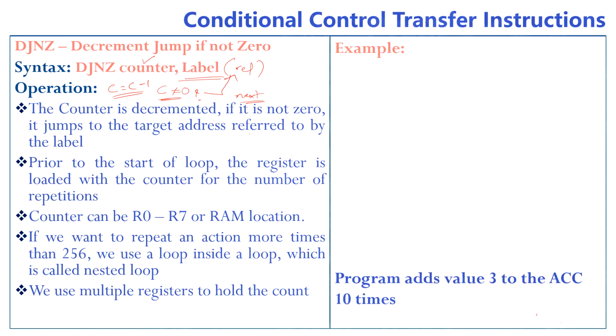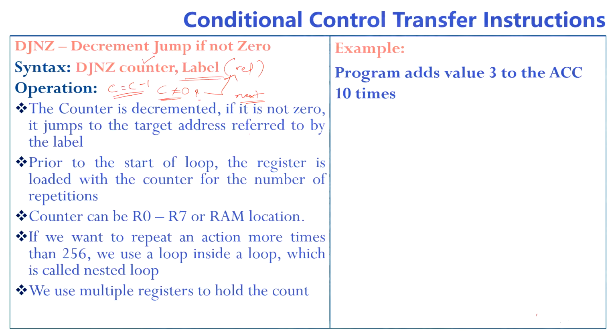Let us see an example here. Let us consider I need to write a program to add the value 3 to the accumulator 10 times. In this case, what we need to do? First, the accumulator should be cleared to 0.